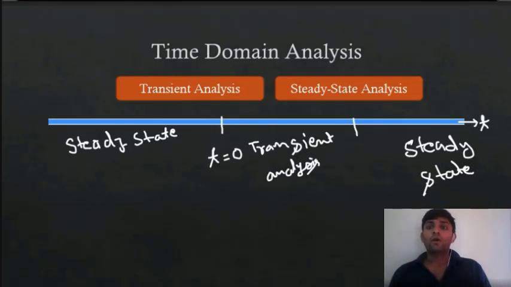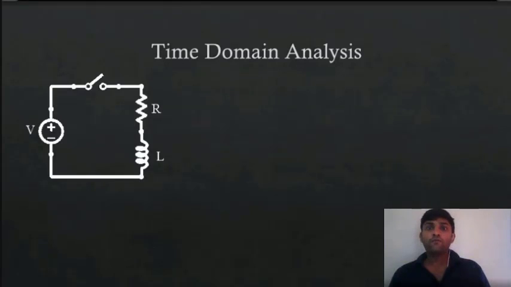Okay, so now let me take some very small circuits, and we will discuss how to get the initial and final conditions of some standard circuits. I have taken a circuit which has a resistor and an inductor in series, and earlier it was open, meaning the battery was not connected with this combination.